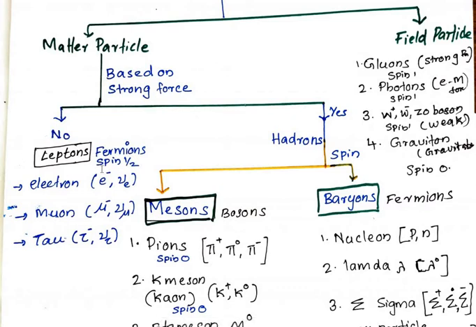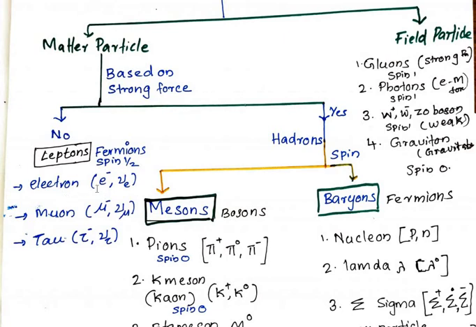Leptons are matter particles. There are 6 particles in the lepton group, and all these leptons are fermions. Not only fermions, they are spin 1/2 particles.